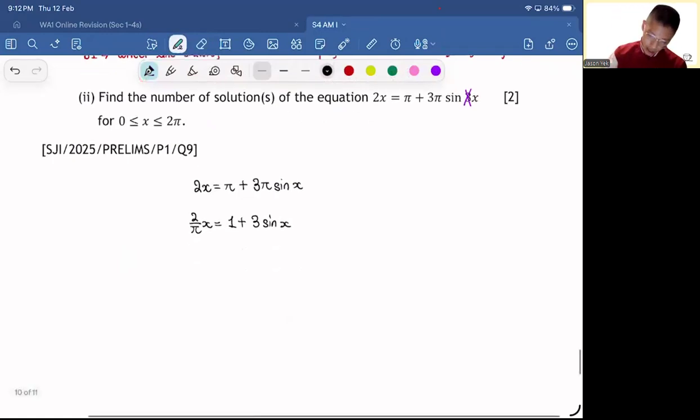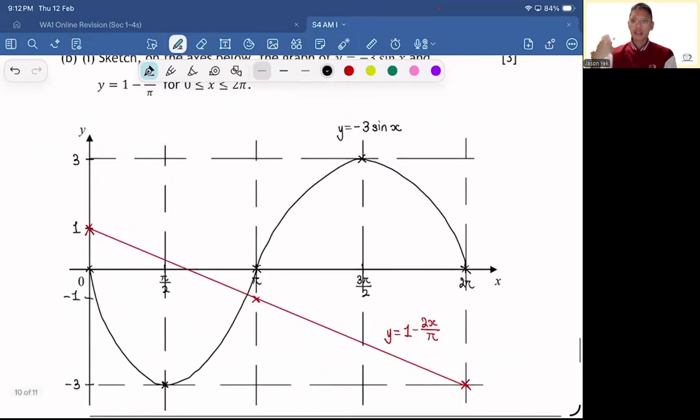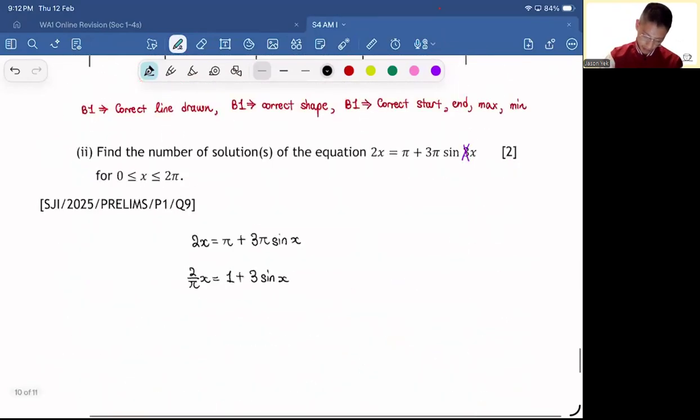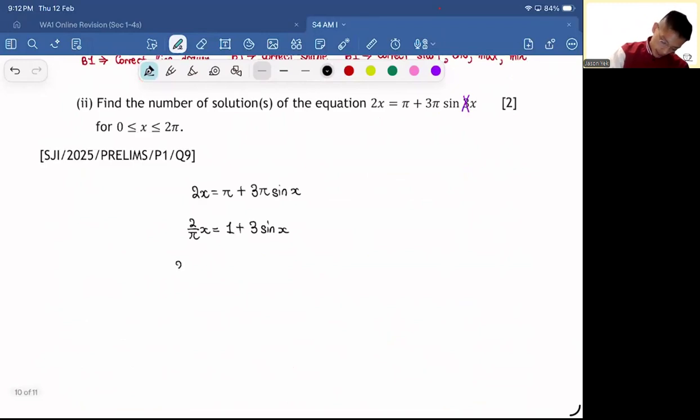Then afterwards, I want a negative 3 sine x. So this is the same thing as doing this. Then what happens? I want 1 minus.